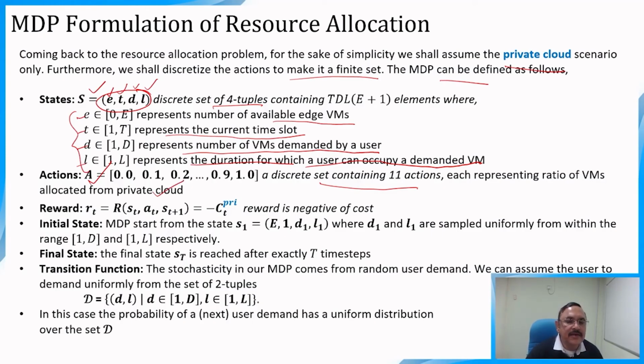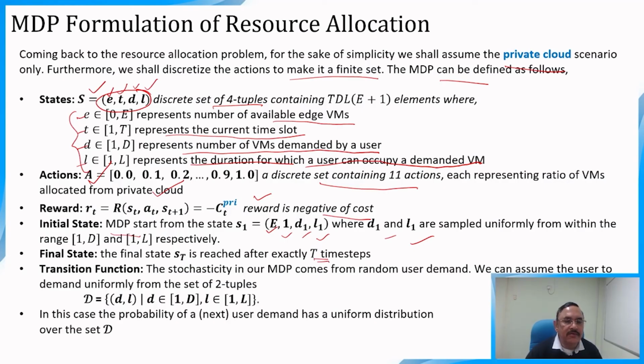Reward r(st, at, st plus 1) is equal to minus the cost function of the private cloud, that is, the reward function is the negative of the cost value, and the initial state of the MDP starts from the state S1, where S1 is equal to E1, D1, L1, where D1 and L1 are sampled uniformly from within the range 1 to D, and the final state ST is reached after the T time steps.